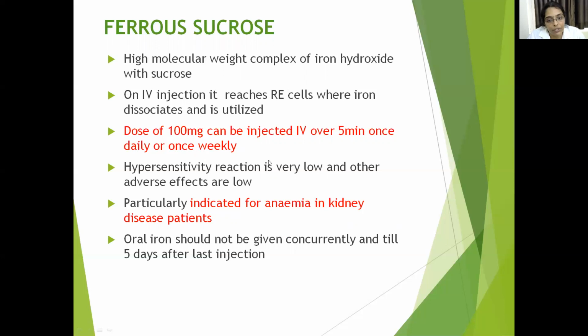So this is the advantage of newer preparations. They are less antigenic and other adverse effects are low as well. Particularly indicated for anemia in kidney disease patients. Oral iron should not be given concurrently and till 5 days after the last injection. This drug also cannot be given through IM or SC route because it is alkaline in nature.